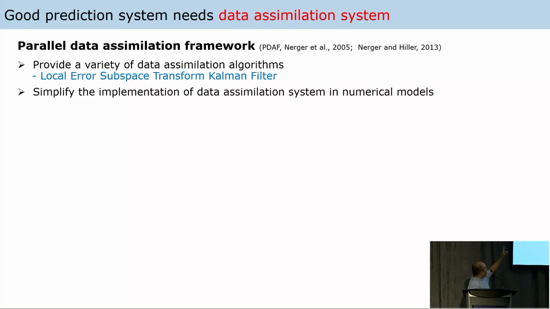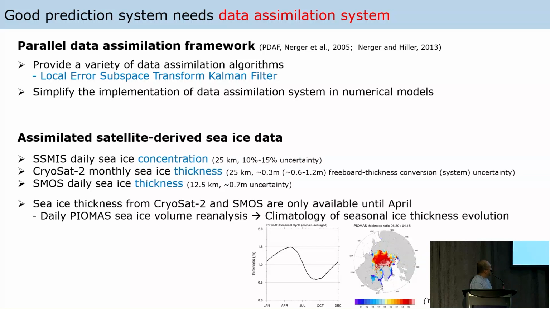Specifically, we use the local area subspace transform Kalman filter to assimilate satellite-derived sea ice parameters: ice concentration from SSMIS, and ice thickness from a combination of CryoSat-2 and SMOS. We know the CryoSat-2 and SMOS ice thickness are only available until April, okay?